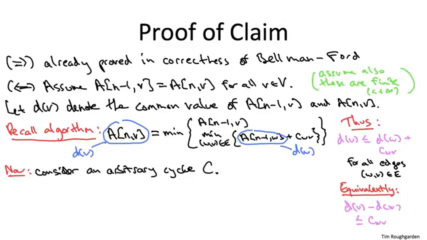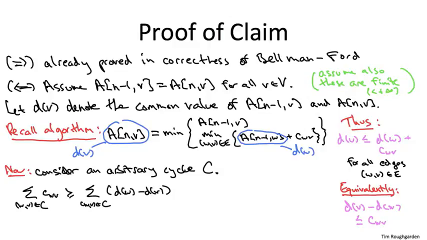So now let's look at the sum of the edge lengths in the cycle capital C. Remember, this is what we want to prove is non-negative. So we sum over the edges w, v in big C, and for each edge we look at its cost, little c of w v. By the pink inequality, we can lower bound this by a sum over the edges in the cycle capital C of the difference between the d values of the endpoints of the edge.